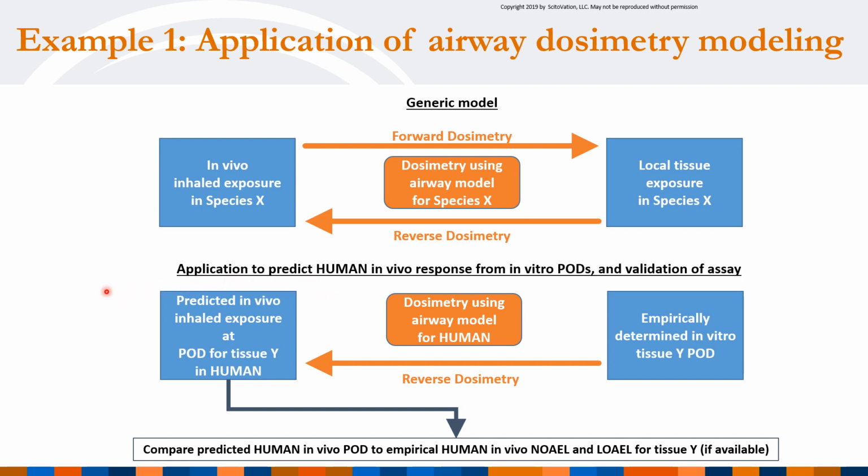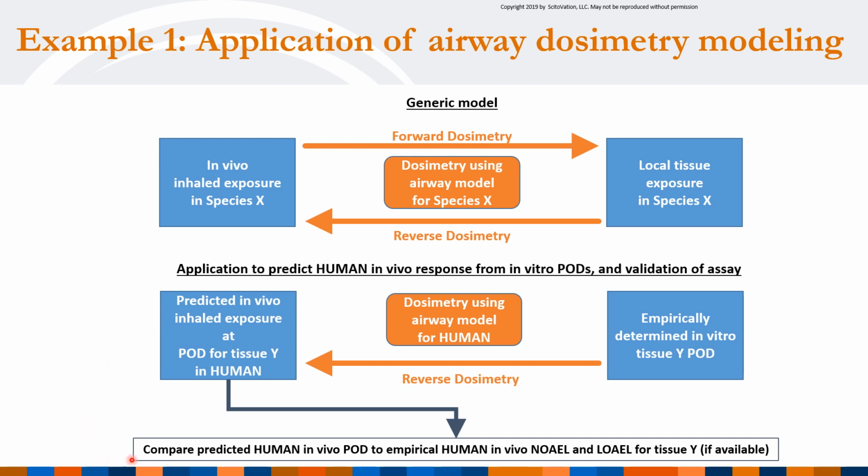Now, application to predict human in vivo response from in vitro point of departure and validation of this. So that's what we did in the previous slide. We have a dosimetry model in human, and we had some points of departure from in vitro assays in the lung, and we used the model to do reverse dosimetry to predict in vivo inhaled exposure at the point of departure in human.